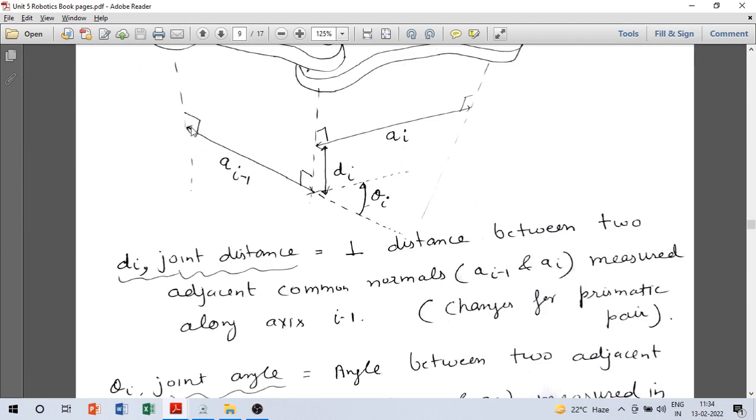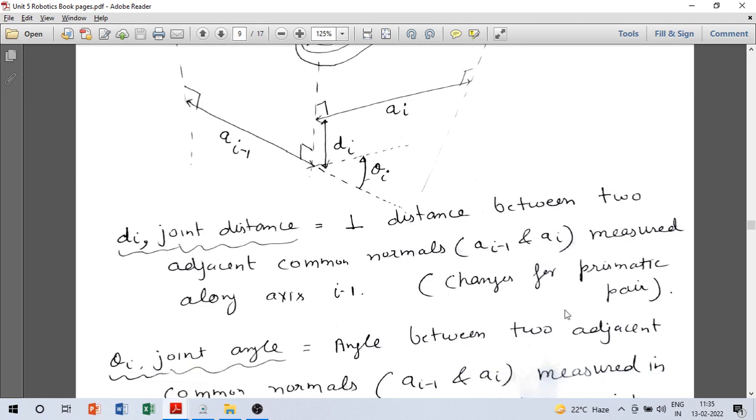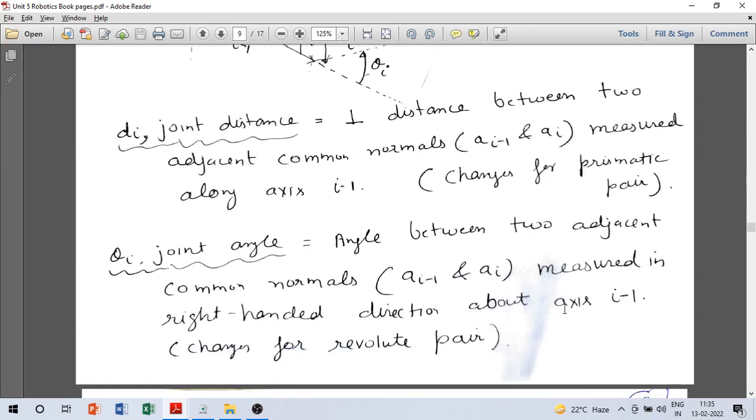See, this axis is perpendicular to both of them, this is the perpendicular distance between them, and it is measured along axis I minus 1, and it changes for a prismatic pair. I already described that. So that parameter is called joint distance. It is a joint parameter.